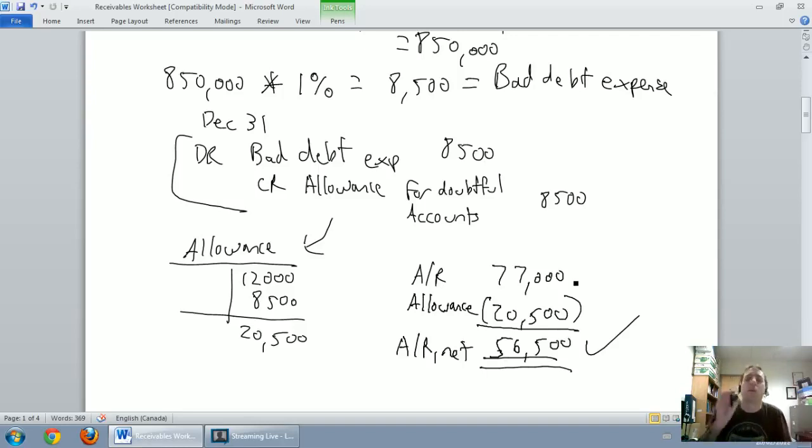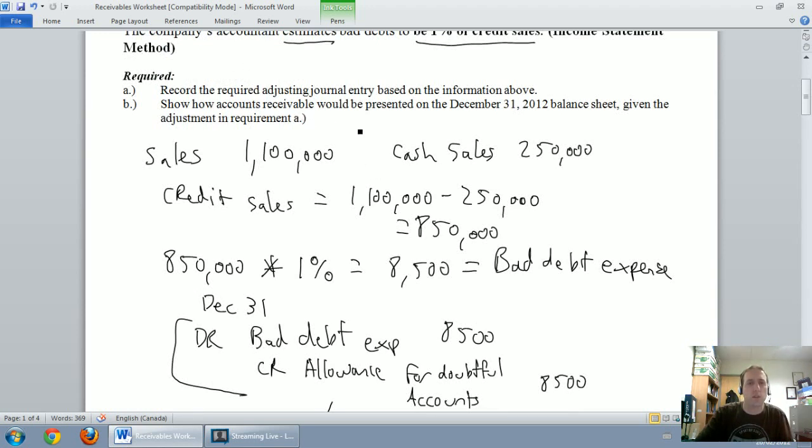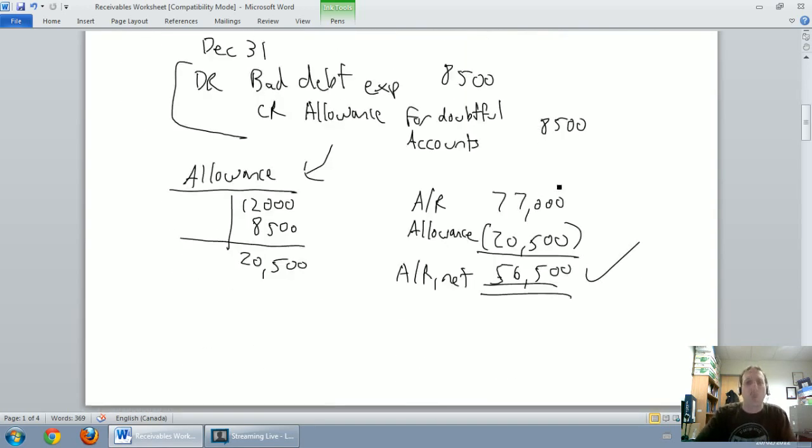So on the financial statements, and that's what the question asks for, it says, show how accounts receivable would be presented on the December 31st, 2012 balance sheet, given our adjustment. Well, this is how it would be presented. I'm legally owed 77 grand, but based on past experience, not everybody pays, so I know I'm probably not going to get 20,500. That's based on my management estimate.